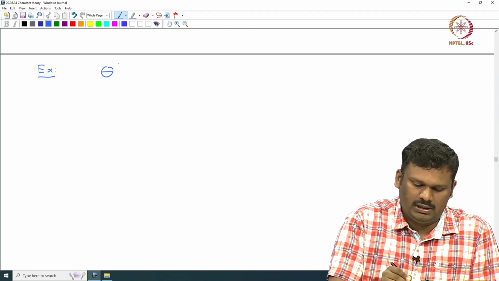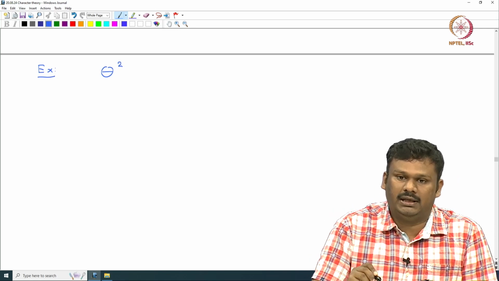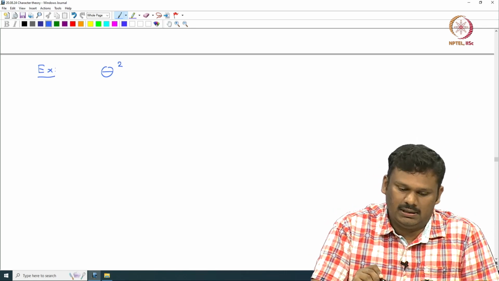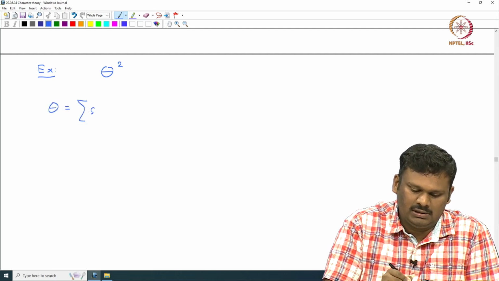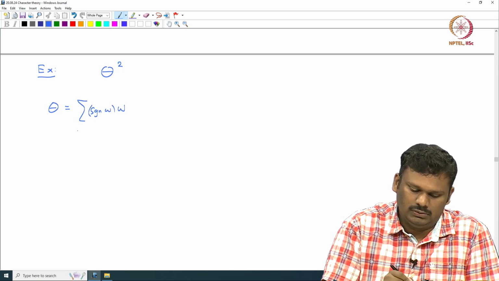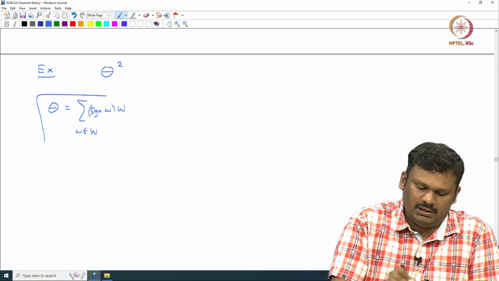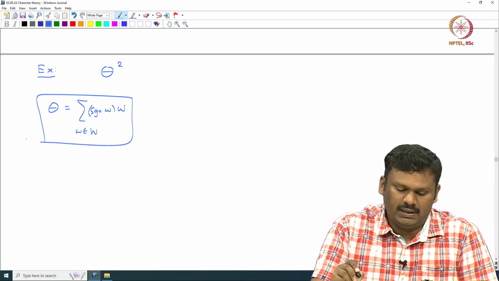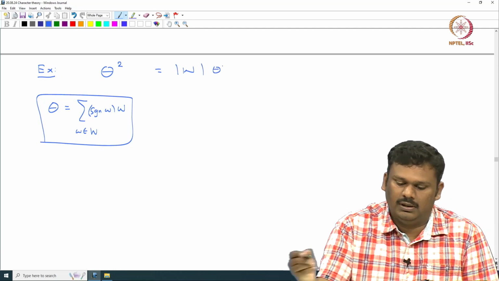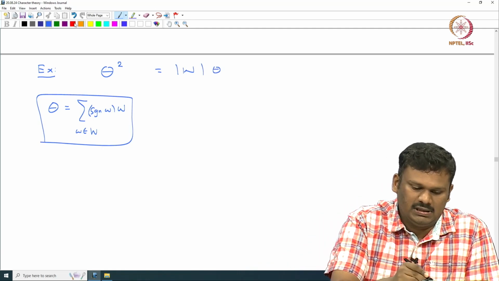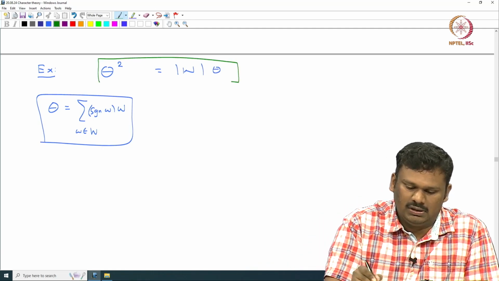If I compute theta square as an operator, because theta is given by summation of sine w and then w, this is the operator. If you take theta square, then you can easily see that this is exactly the cardinality of W times theta. So, this is a very simple identity. I will leave it to you to check.